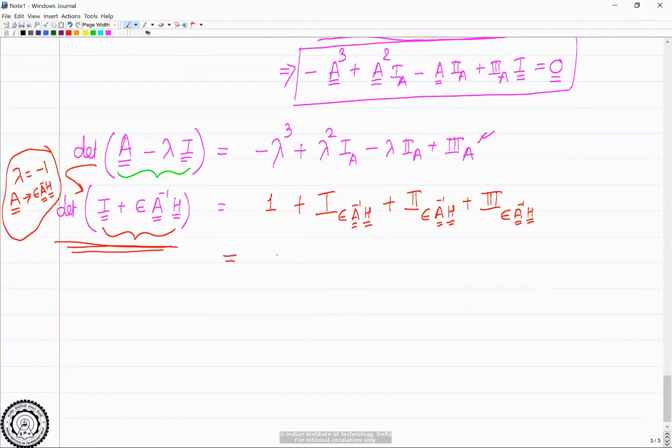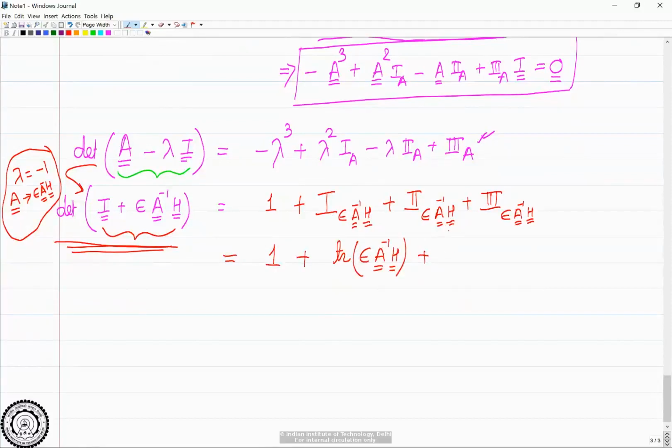So this is again equal to 1 plus, you see, what is I of a matrix? It is the trace, no? So you have to get the trace of epsilon A inverse H. Now 2 of a matrix is that expression, but isn't that quadratic?